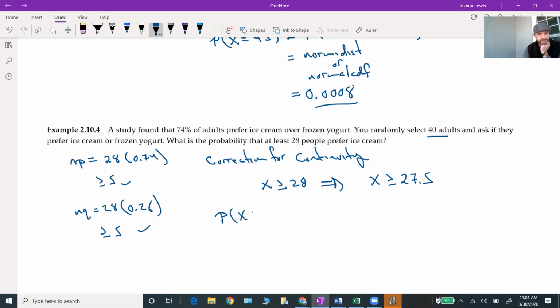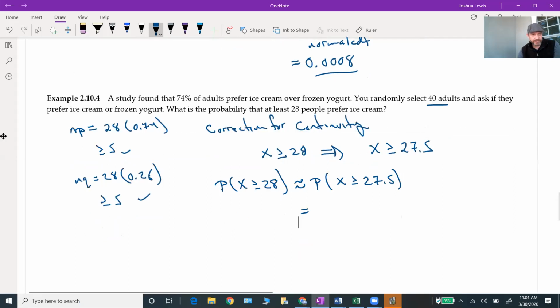And so this is approximately probability, and then go ahead and use the normal distribution.